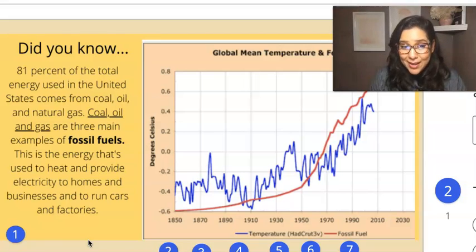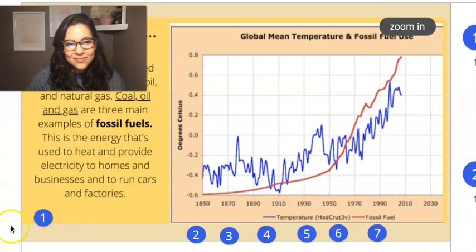Coal, oil, and gas are three main examples of fossil fuels. This is the energy that's used to heat and provide electricity to our homes and businesses and to run cars and factories. To my right, I also have a graph where you see the global mean temperature and fossil fuel use.